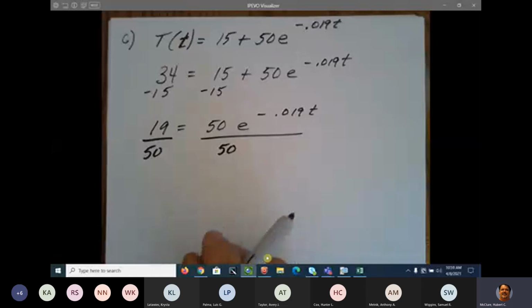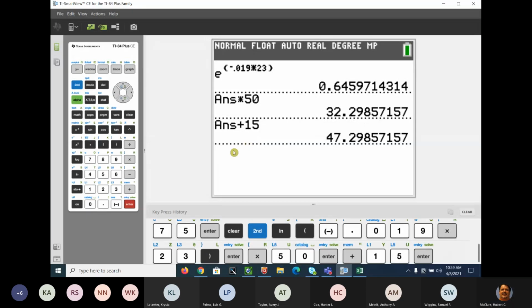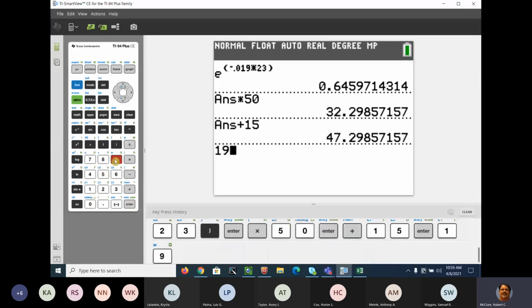So I'm going to take 19 divided by 50. I appreciate it, Miss Holcomb. 19 divided by 50 is 0.38. Thank you, Miss Holcomb.